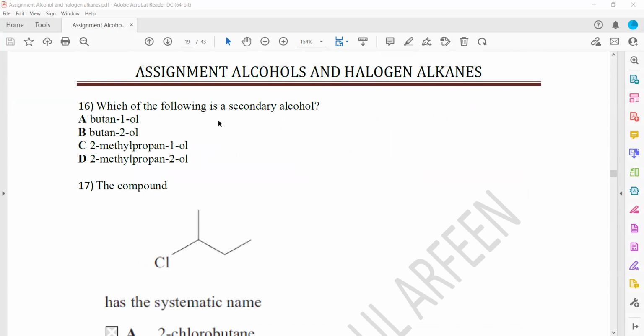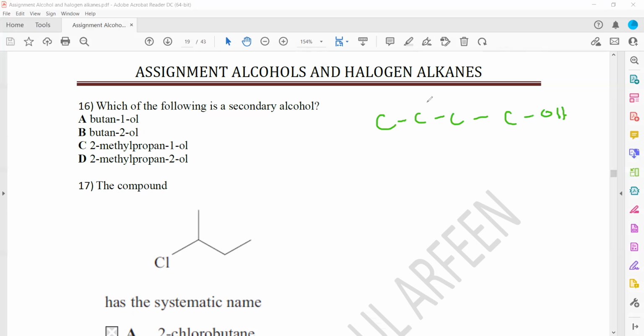In question 16, which of the following is a secondary alcohol? Butan-1-ol, butan-2-ol. Just to be sure, it is better to draw the structure, because when you draw it you can easily identify whether it is primary, secondary or tertiary. Butan-1-ol means 4 carbons with OH attached to the first.